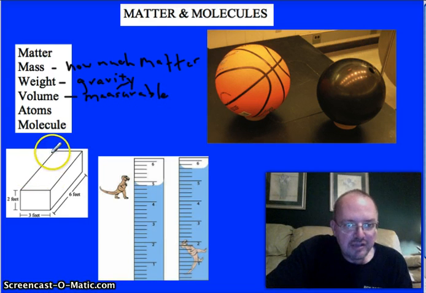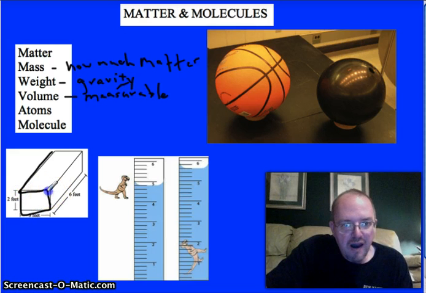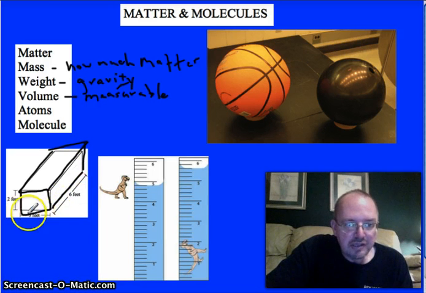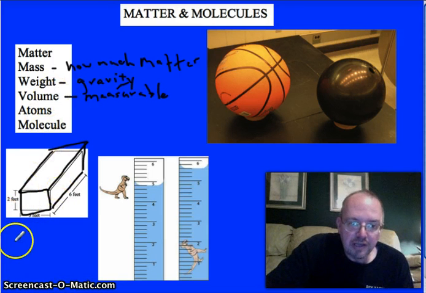Down here we have this rectangular prism with all kinds of different measurements. Across the length is 6 feet. The width is 3 feet. The height is 2 feet. And the volume of something like this is going to be length times width times height.